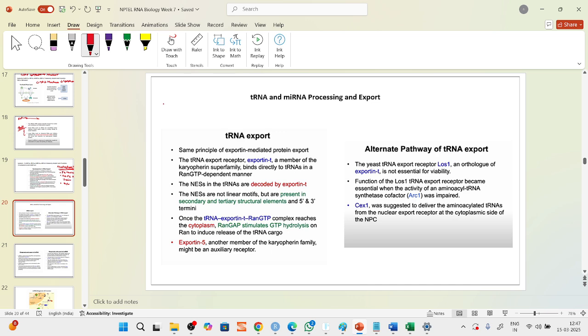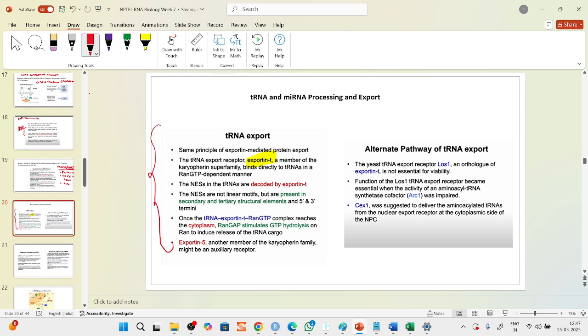Now we come to tRNA export. How does tRNA export happen? For tRNA export also the same principle is there. The tRNA export happens with the help of exportin T, which is a member of the karyopherin superfamily.